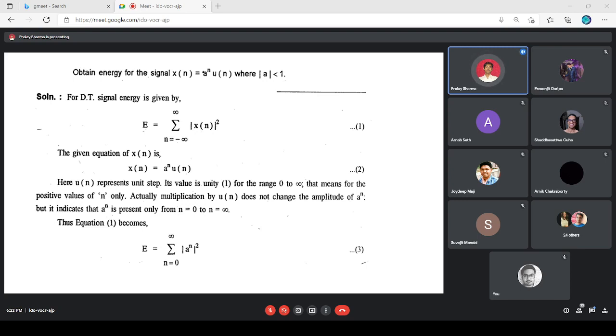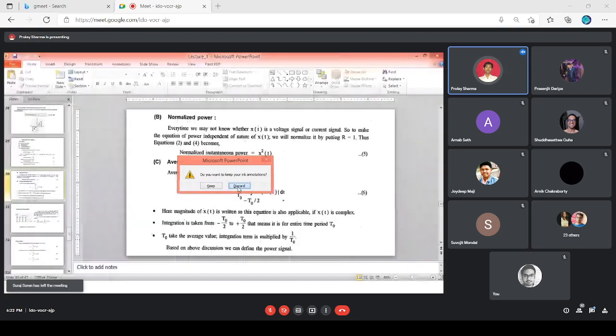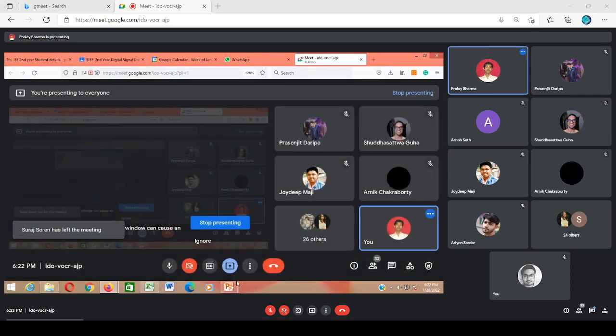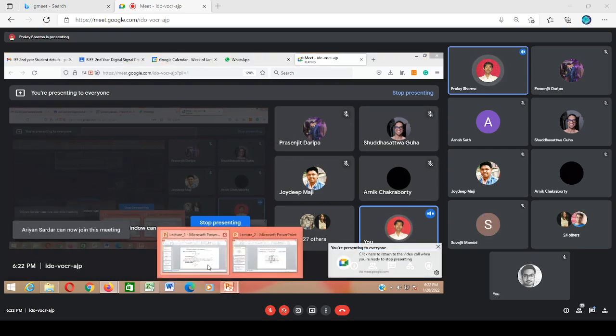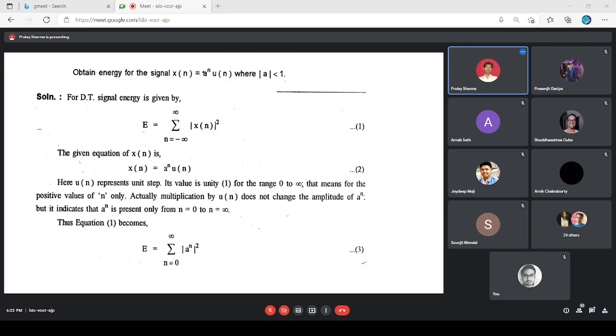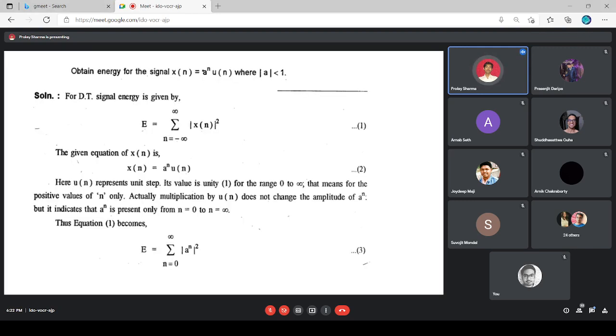Depending on a, whether it is greater than 1, less than 1, negative or positive, the shape of x[n] will change. In this case, a is less than 1, so it is obviously an exponentially decaying signal.